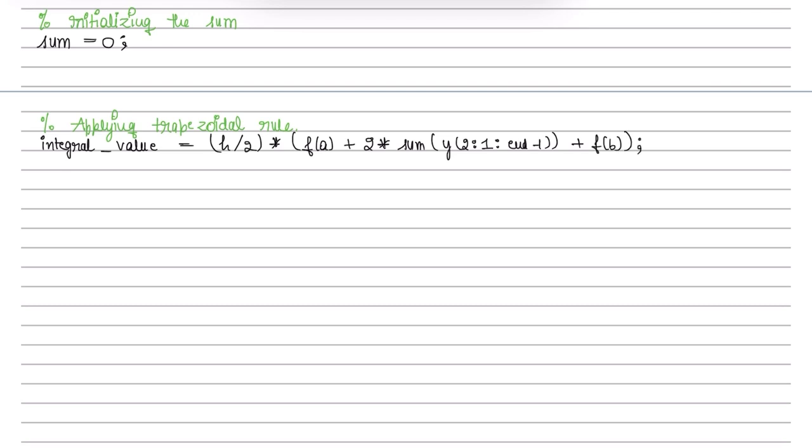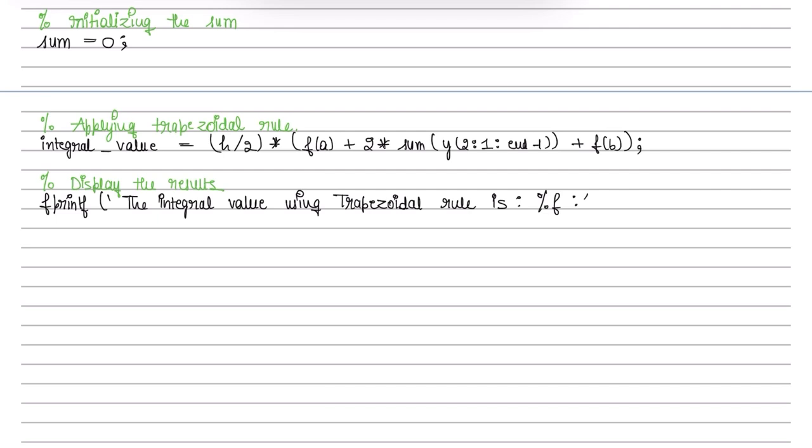To display the results using a printing statement, fprintf, the integral value using trapezoidal rule is percent f, comma integral value.